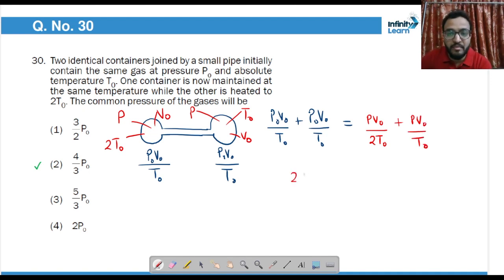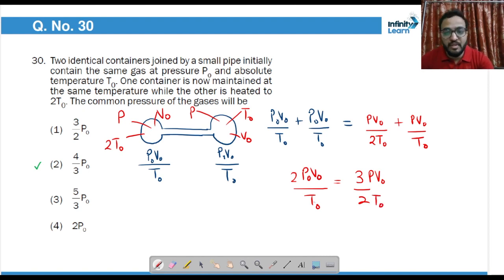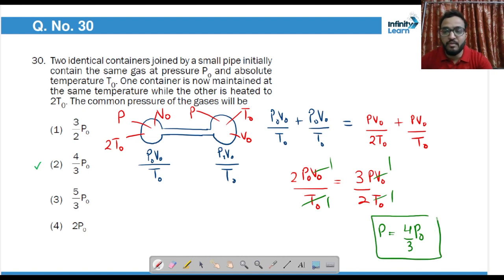So 2 P naught V naught upon T naught is equal to 3 by 2 P V naught upon T naught. Do you understand? So this gets cancelled, and P will be 4 by 3 P naught. So this is how you get your answer.